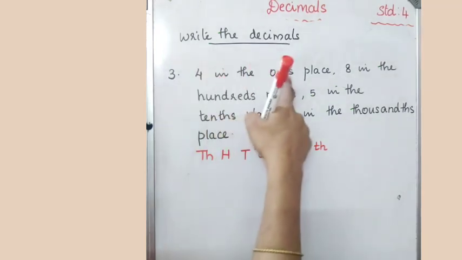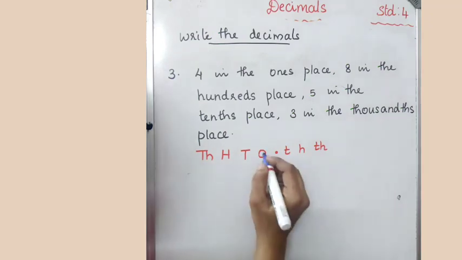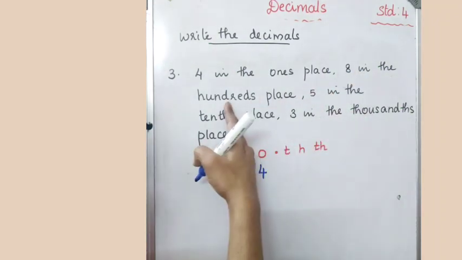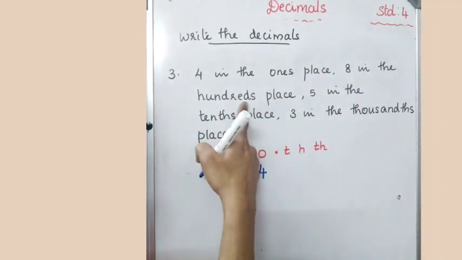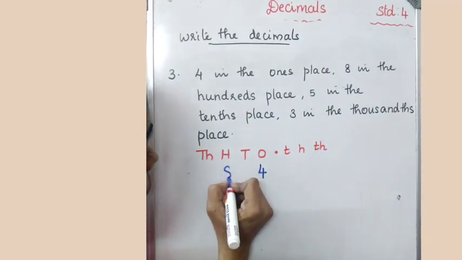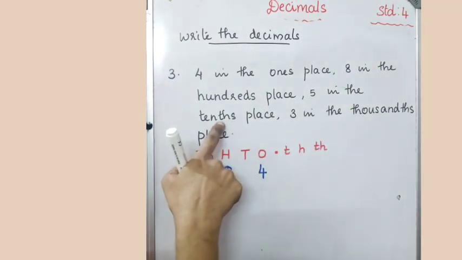Look here, 4 in the ones place. So we can write 4 in the ones place. We know that this is the whole number. 8 in the hundreds place. This is not TH, so here 8 in the hundreds place. 5 in the tenths place.